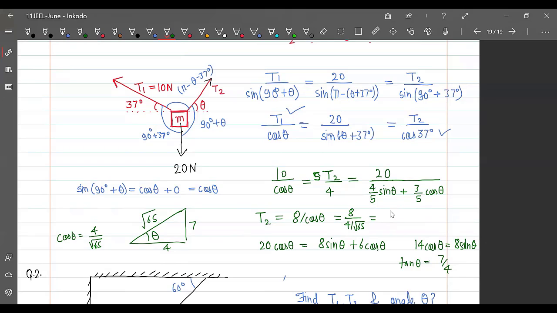This will give you 2 root 65 Newton. Any questions about this?